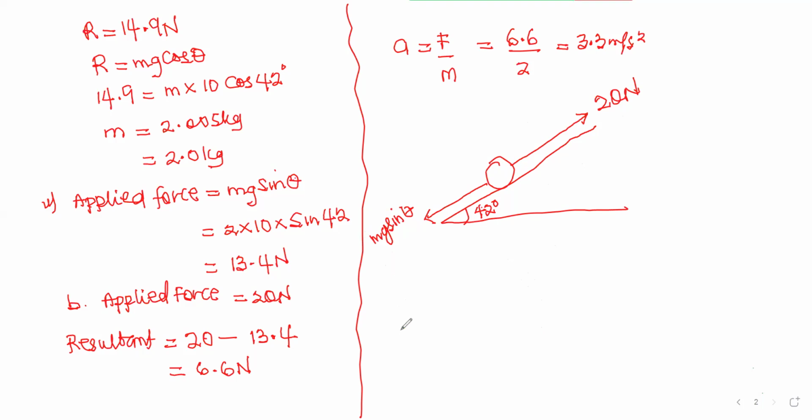Don't forget the mg sine theta, we got 13.4. So the difference between 20 Newton and 13.4 is the net force, which is actually pulling the body up. And once you have the net force, the acceleration is obvious. Please, are you okay? Class, are we fine? Yes, Emmanuel again.